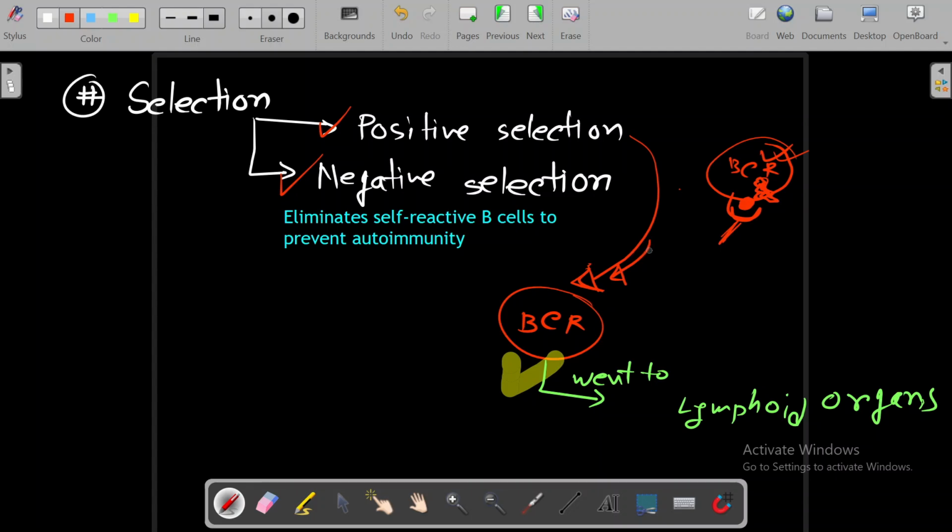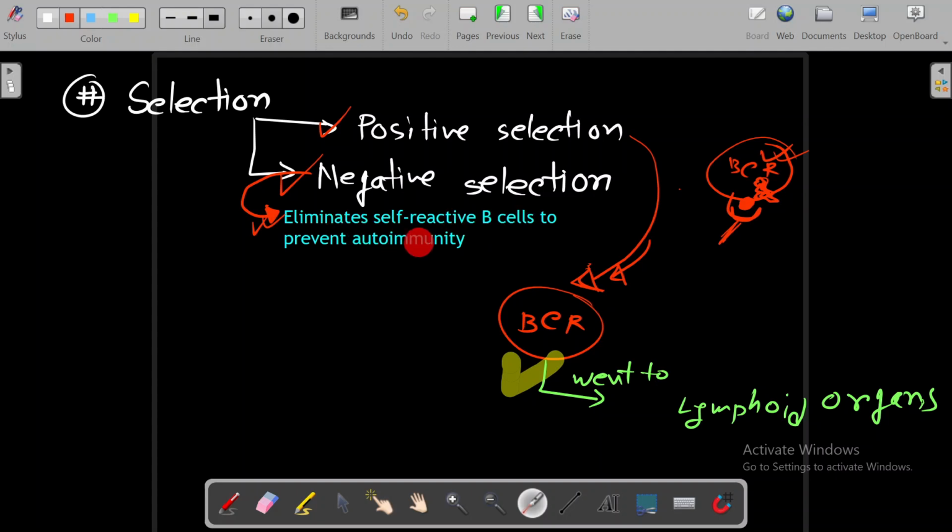And for negative selection: our body also has its own antigens. In negative selection, our body eliminates those B cells which are reactive to our own self antigens. So in this negative selection, our body basically eliminates self-reactive B cells to prevent autoimmunity.